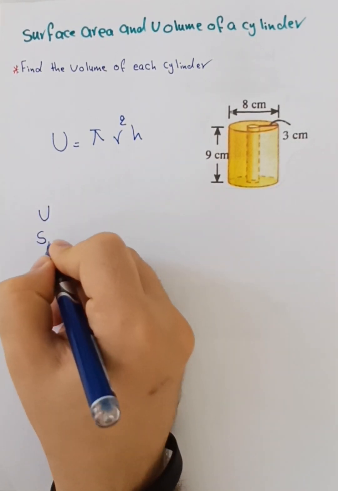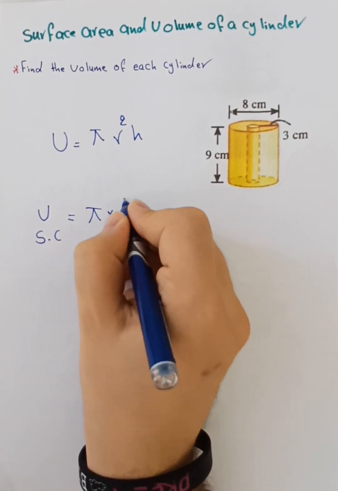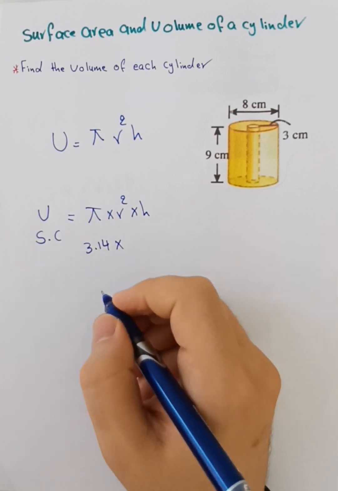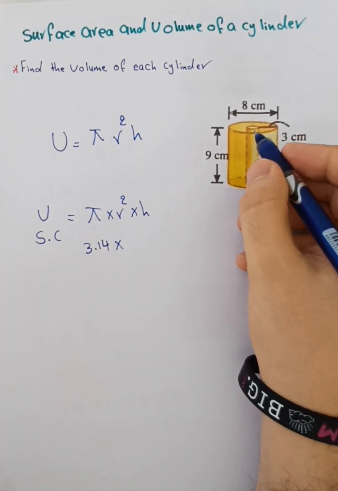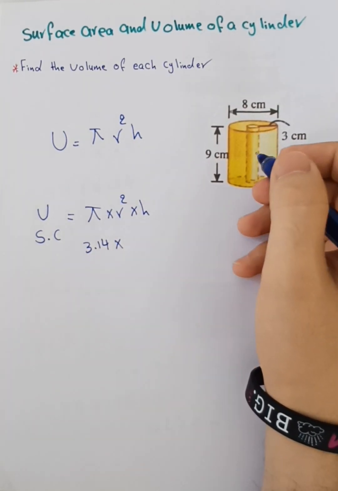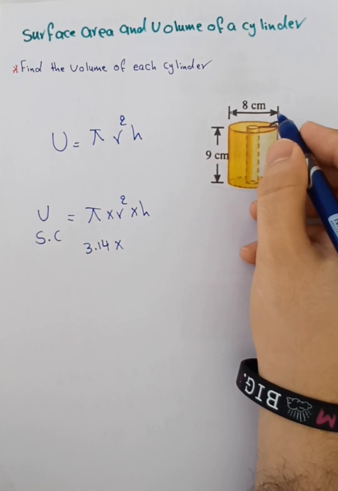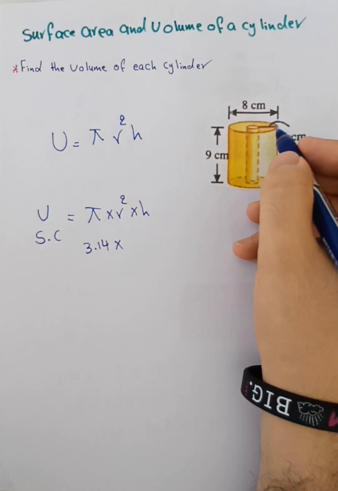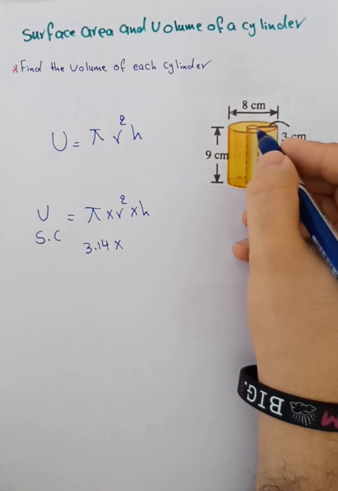Volume for small cylinder equals pi times r squared times h, 3.14 multiplied by the radius for the small cylinder. For the big cylinder, the diameter is 8, and then the radius for the big cylinder is 3.